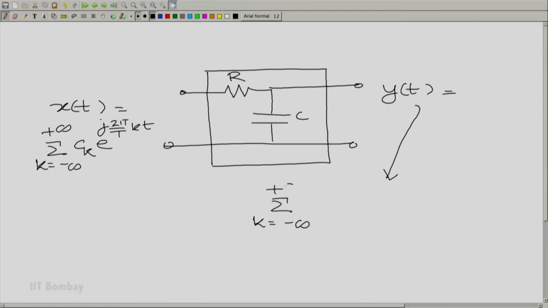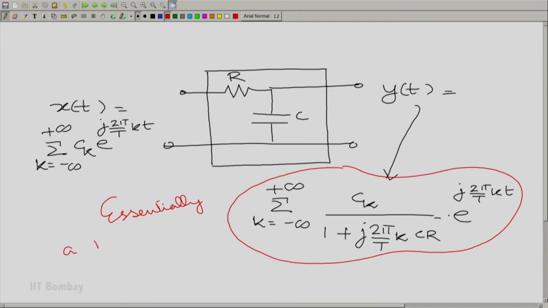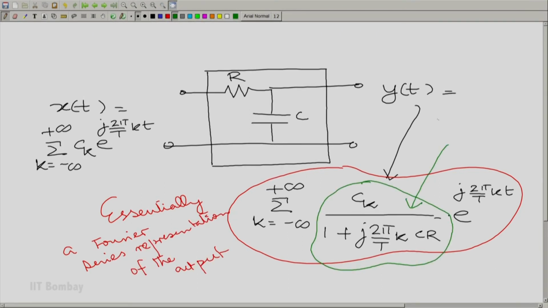So, in fact, you see something very interesting. You gave a Fourier series as the input to this linear shift invariant system, and you have ready made for you the Fourier series representation of the output. Let us mark that clearly for us. This is essentially a Fourier series representation of the output, and these are the Fourier coefficients here.